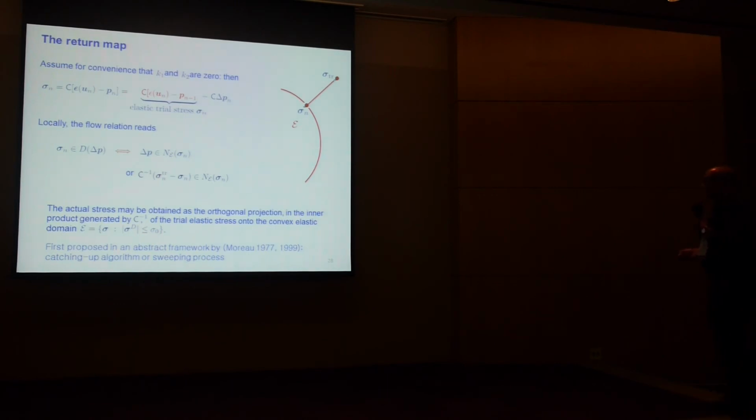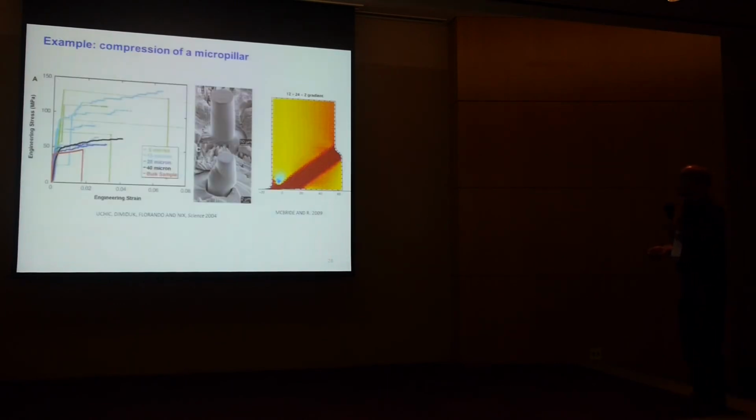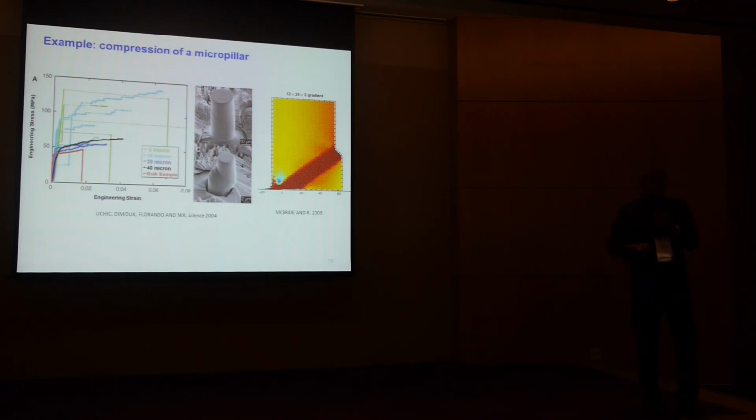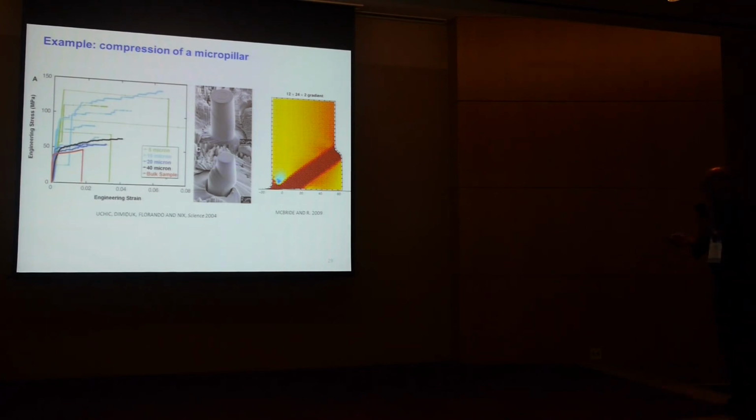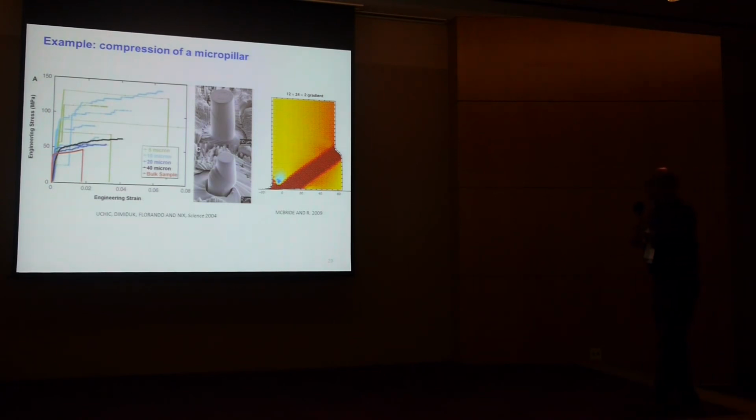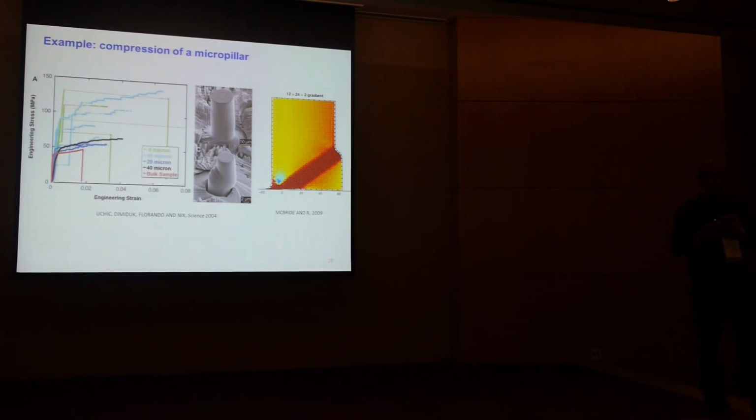All right, finally, what is all of this good for? I thought I'd show you an example for a model of plasticity which is a little more sophisticated than what I've shown you.